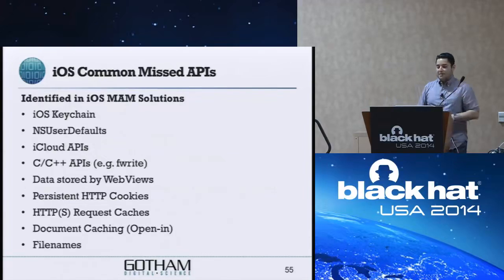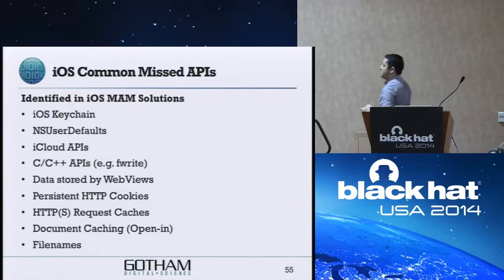So let's walk through some of the common APIs that we saw that were missed. For iOS, we saw that keychain items typically weren't wrapped. Why it wasn't wrapped, I'm not sure. Maybe they think that keychain is secure already, but if you're not relying on device level policies, if you can't enforce a passcode on the device level, the keychain is not very secure.